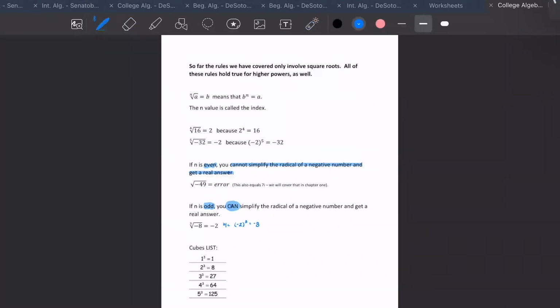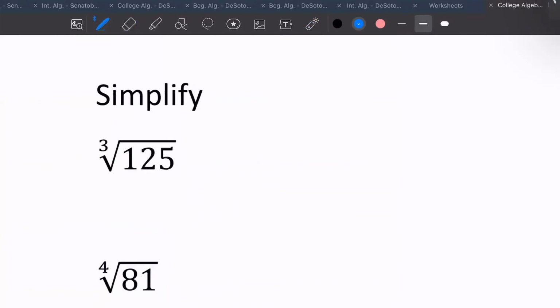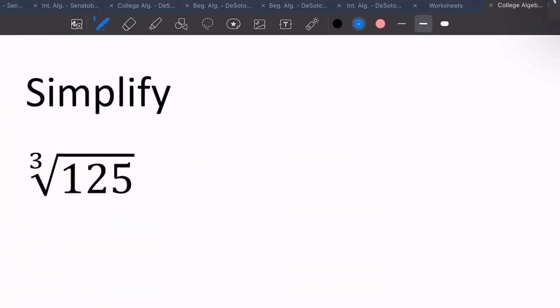So let's do some examples. We have the cubed root of 125. If you go back to your cubes list, 5 cubed is 125, so we get 5.